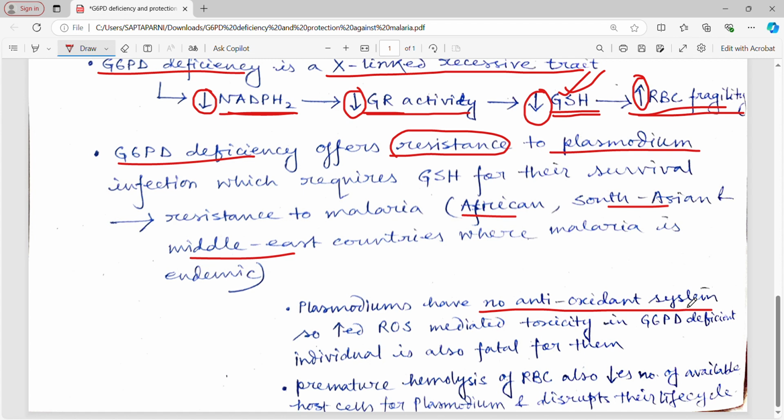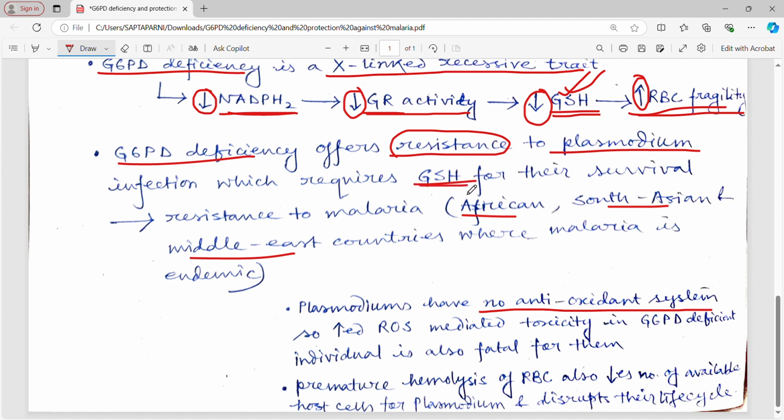Plasmodium itself has no antioxidant system, and the G6PD deficient person also has a reduced antioxidant system in the body. So as a result, the plasmodium will be attacked by the reactive oxygen species and it will die. Okay, and it will be fatal for it. So it cannot sustain its life cycle in those G6PD deficient RBCs, due to absence of reduced glutathione.